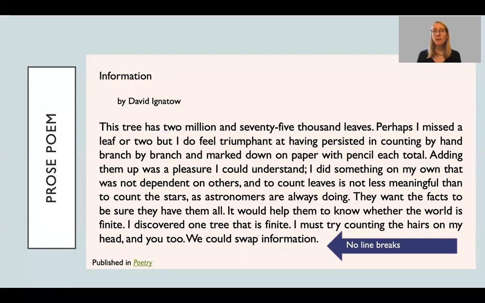I did something on my own that was not dependent on others. And to count leaves is not less meaningful than to count the stars, as astronomers are always doing. They want the facts to be sure they have them all. It would help them to know whether the world is finite. I discovered one tree that is finite. I must try counting the hairs on my head. And you too. We could swap information.